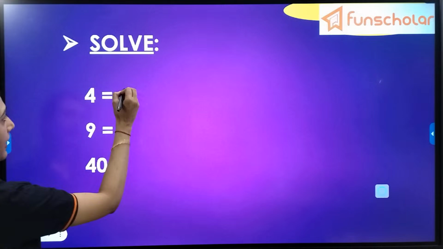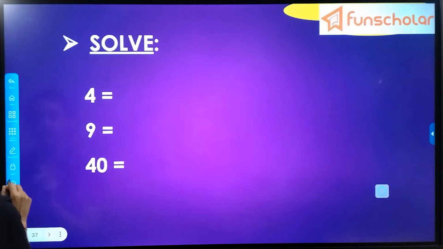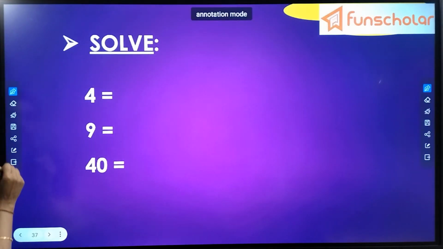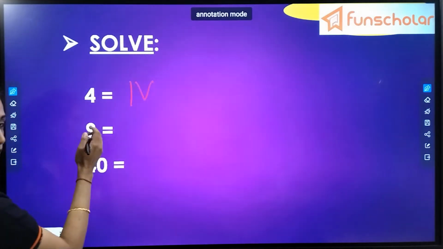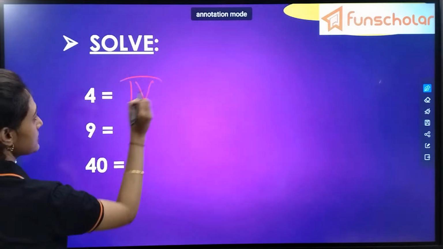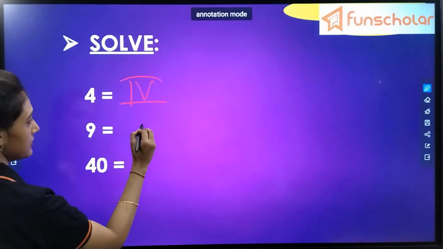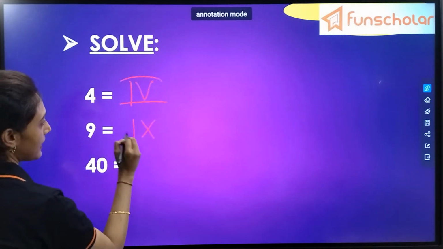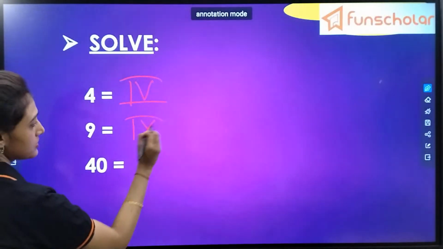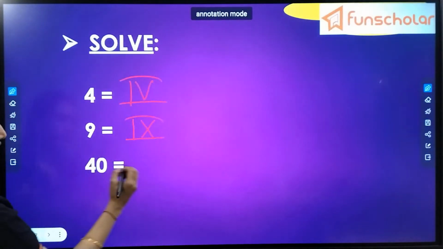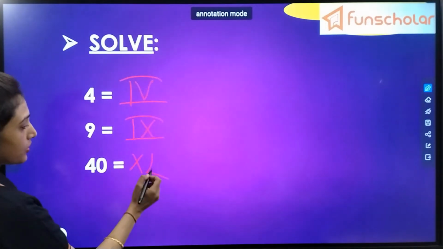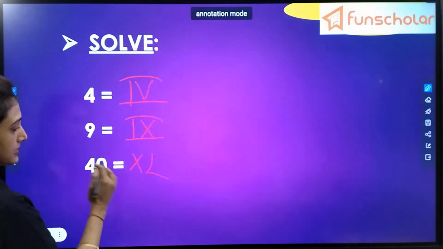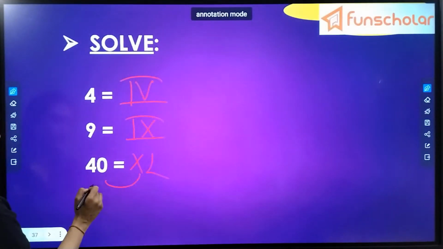Now I hope you have learned how to write 4. We will put I on the left side of V because it is smaller than 5. For 9, we will put I on the left side again because it is smaller than 10. For 40, we will put X on the left side because 50 minus 10 represents 40.